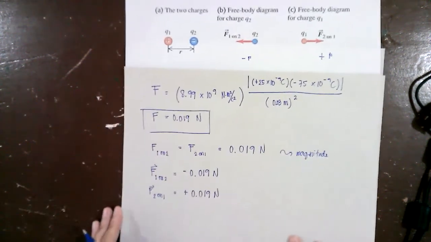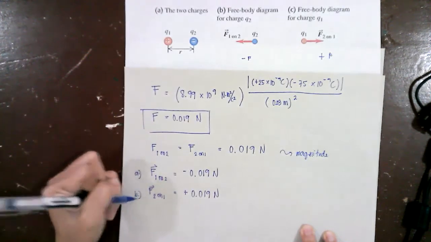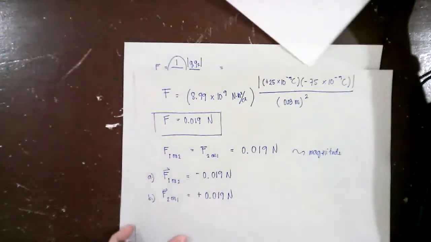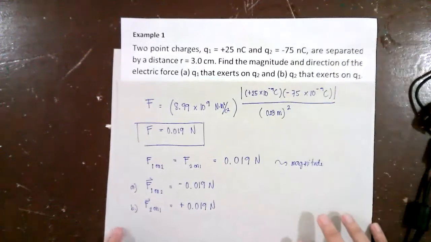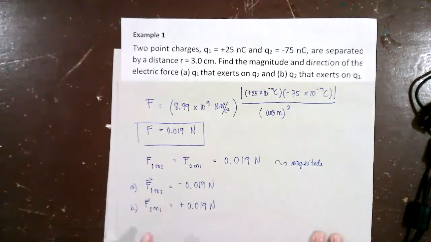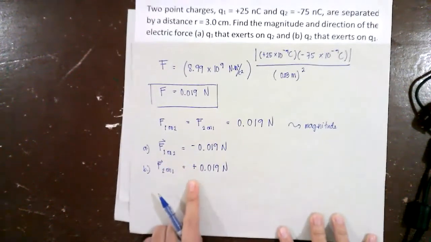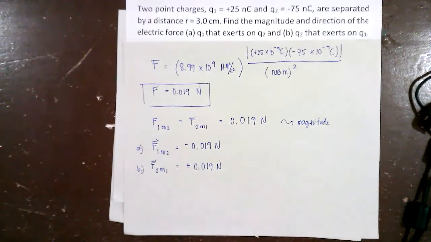Now this is your final answer. This is for A, and then this is for B. This is now your final answer for this problem. Okay, for the example number 1. So that is the negative 0.019 newtons for force 1 on 2. And then for force 2 on 1, that is positive 0.019 newtons.